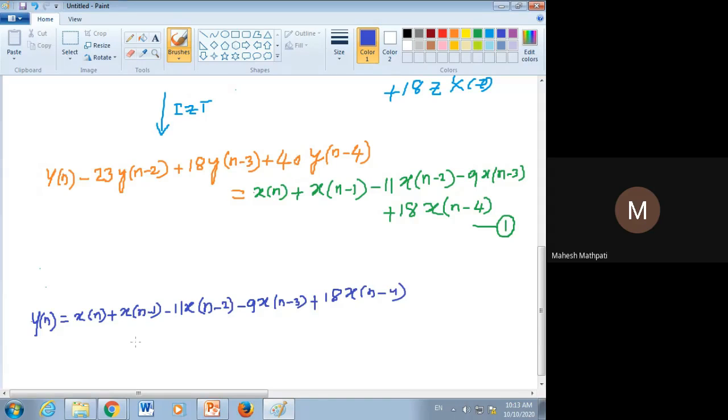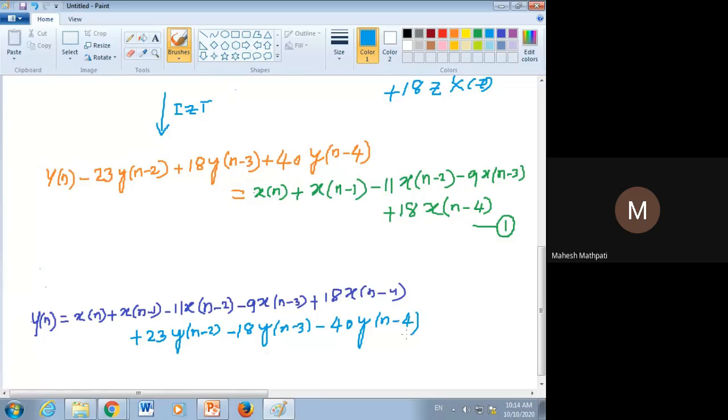Then you just take the y terms on the right side. So what we will write? Plus 23 y of n minus 2 minus 18 y of n minus 3, then minus 40 y of n minus 4.